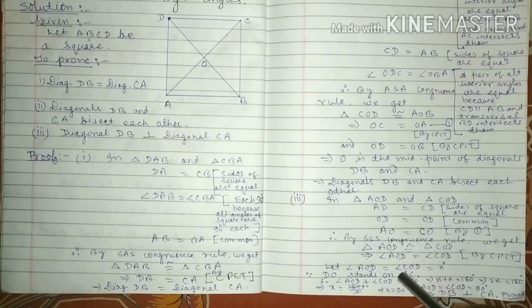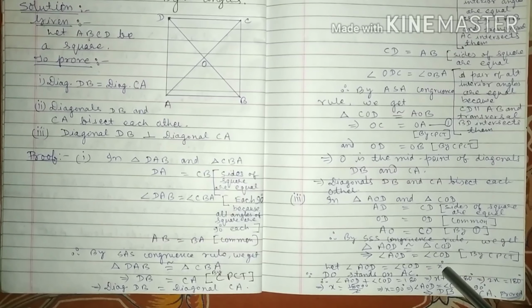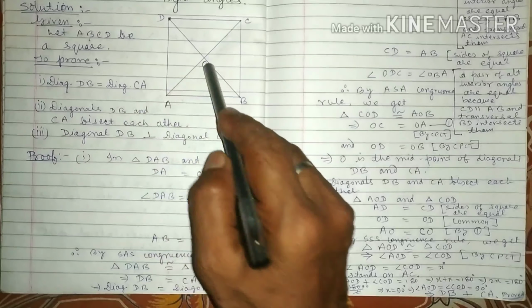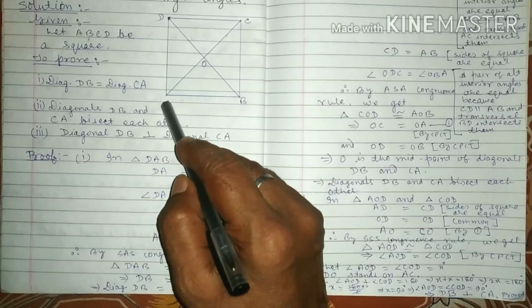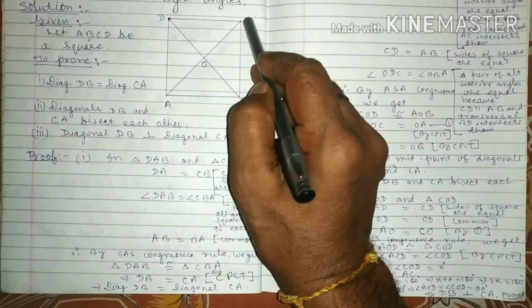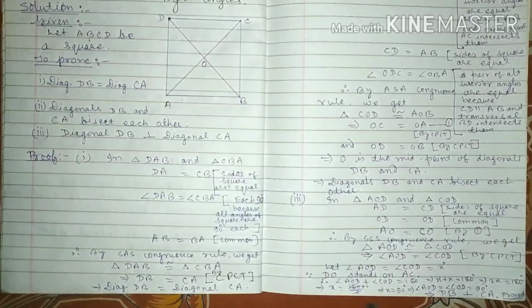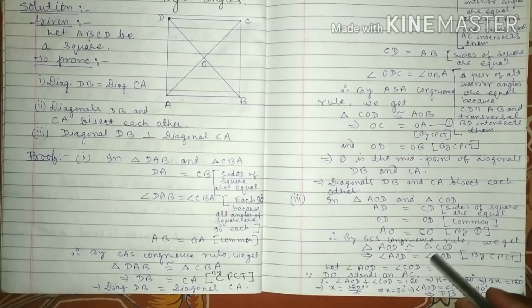Let angle AOD equals angle COD equals x degrees. Now, DO stands on line AC. Therefore, angle AOD plus angle COD is equal to 180 degrees. AOD is equal to x, COD is equal to x.